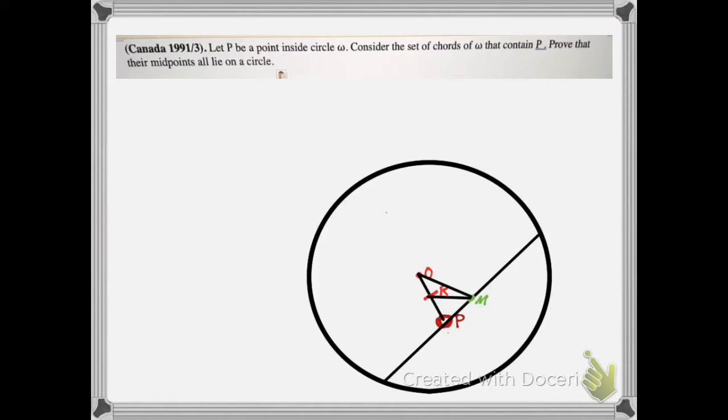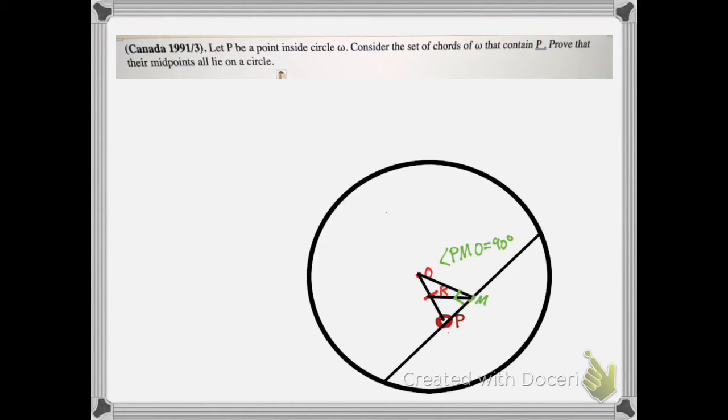And we're going to use the perpendicular bisector theorem once again, and we can see that the angle PMO is equal to 90 degrees. That's necessarily true because M is the midpoint of that chord, right? And MO is of course going through the center. And so this angle here is 90 degrees.